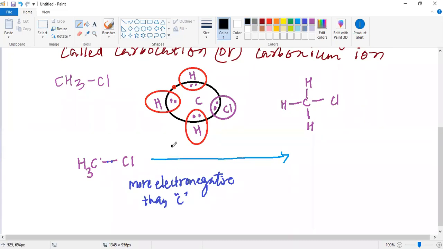So now if bond cleavage takes place, my dear students, both the electrons go on chlorine. So what kind of bond cleavage is it, dear students? When both the electrons go on a single atom, what kind of bond cleavage is it?